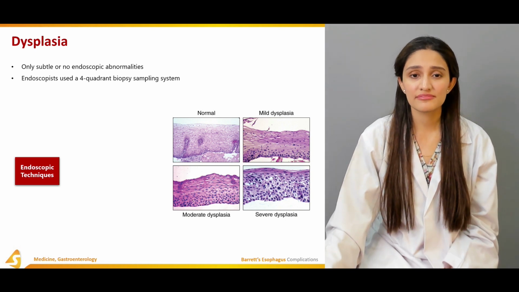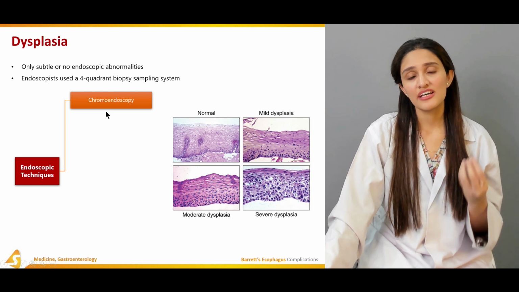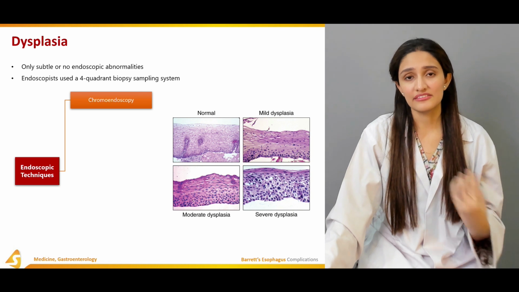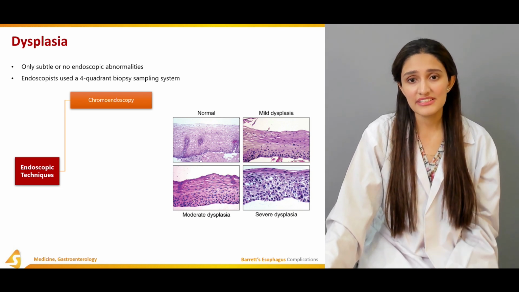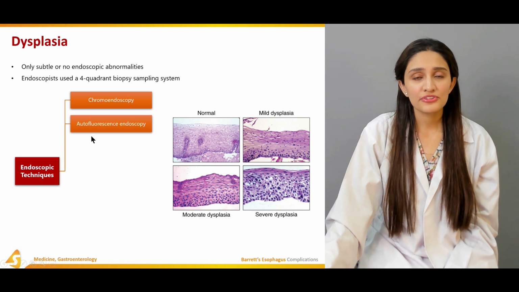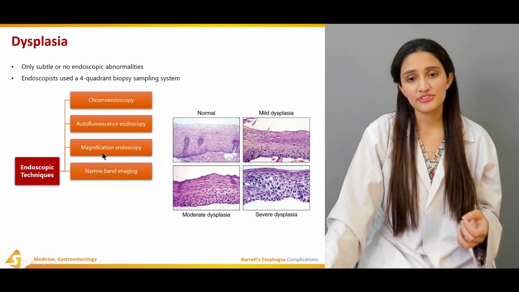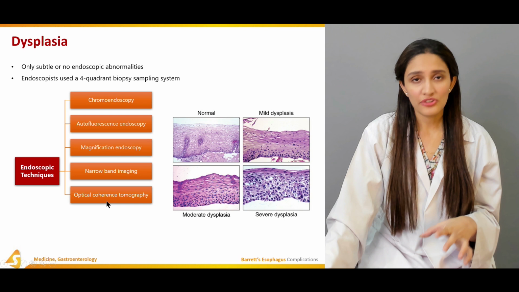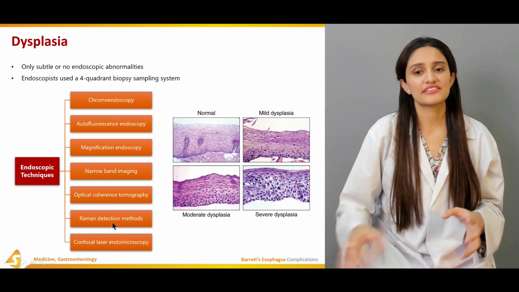This includes chromoendoscopy, which uses a dye that helps in diagnosing dysplasia within the esophagus. The second is autofluorescence endoscopy. The third is magnification endoscopy, narrowband imaging, optical coherence tomography, Raman detection method, and confocal laser endomicroscopy.